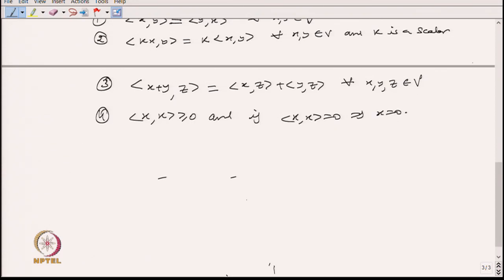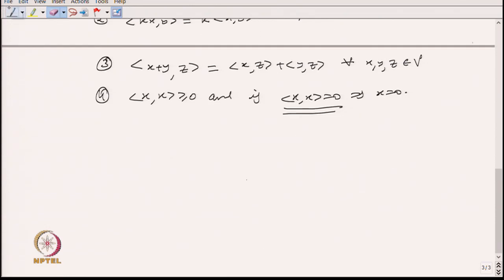Because I know that if I take the dot product of a vector with itself, it gives the length of the vector. So, if the length of the vector is equal to 0, it means the vector itself is 0.